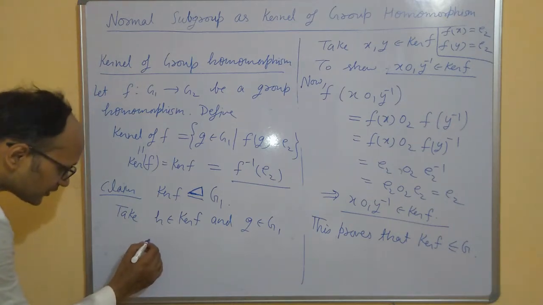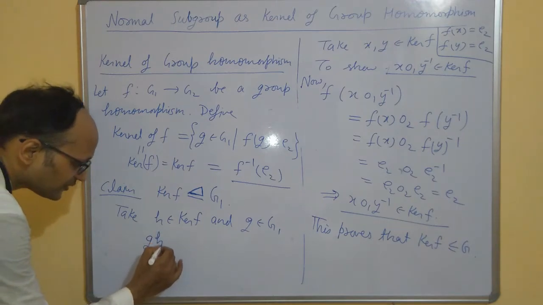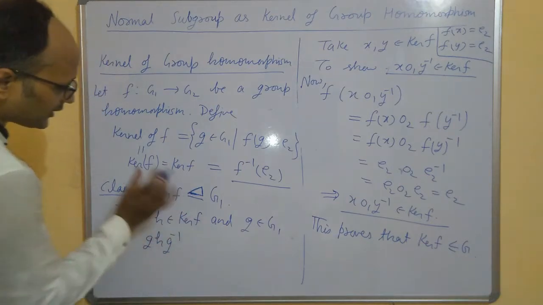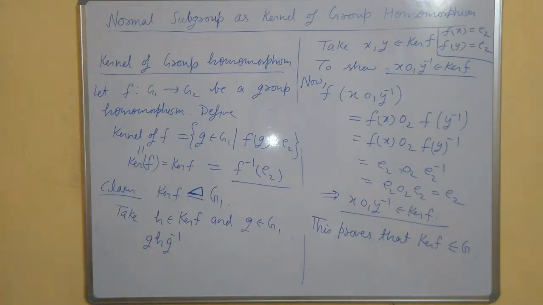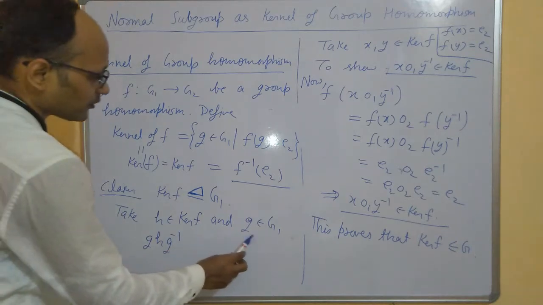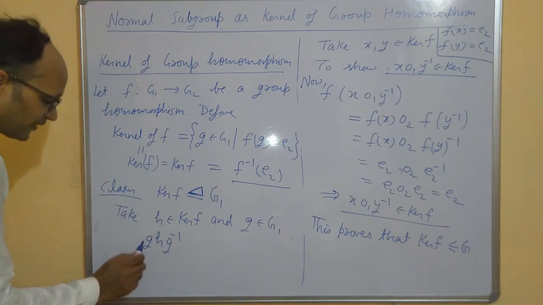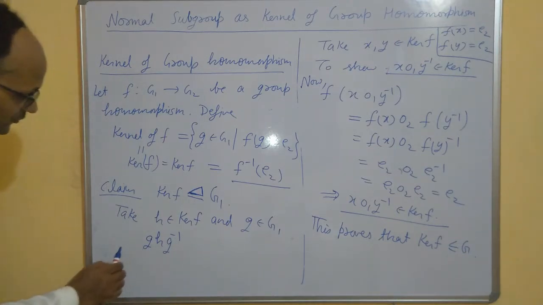Now let us think about g h g inverse. If I show that this element belongs to the kernel of f for all h in kernel f and for all g in G1, then we are done by the definition of normal subgroup. And why have we chosen this definition?